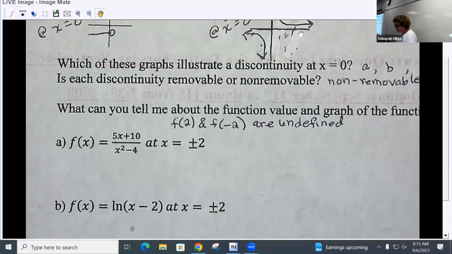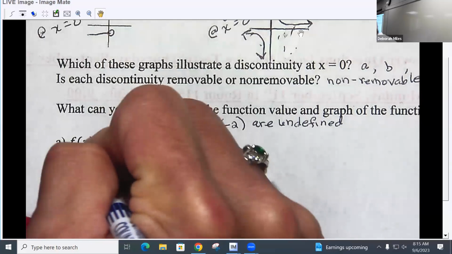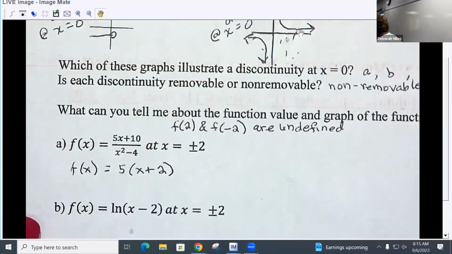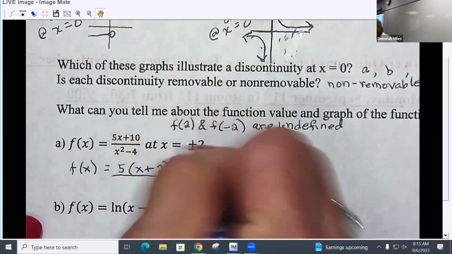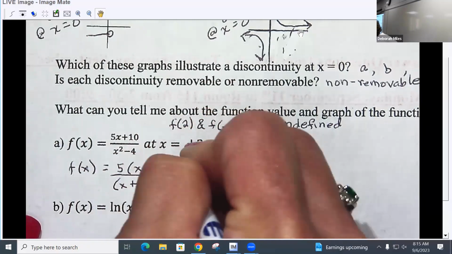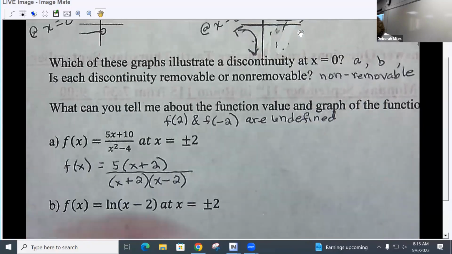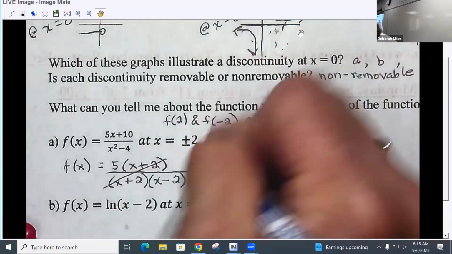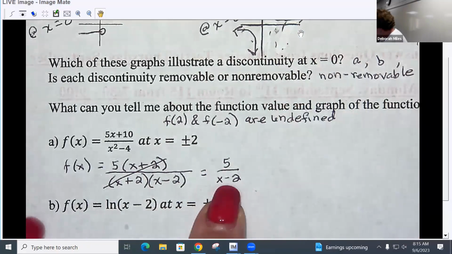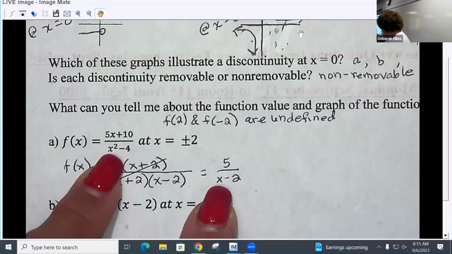You always should start with a rational expression by factoring it and seeing if it'll reduce. You can factor a 5 out of the numerator. The denominator is the difference of 2 squares. And you can divide out the common factor as long as you say this expression is equivalent to that expression at all except for one number.